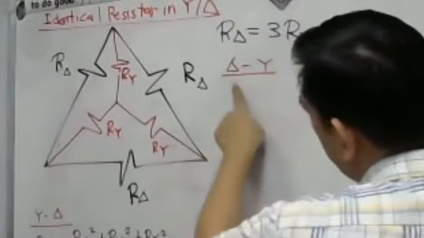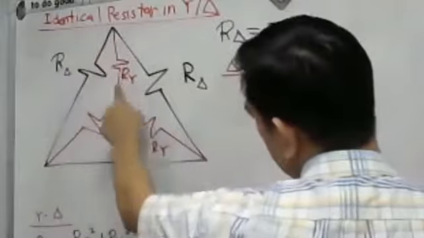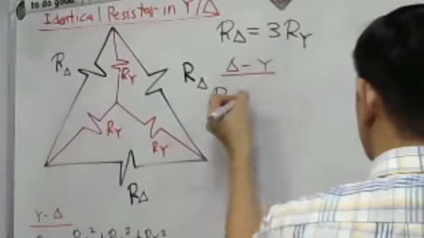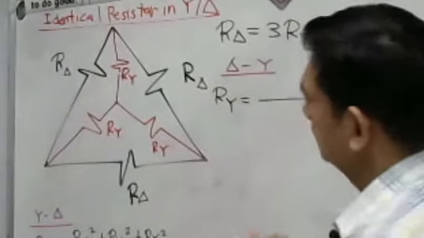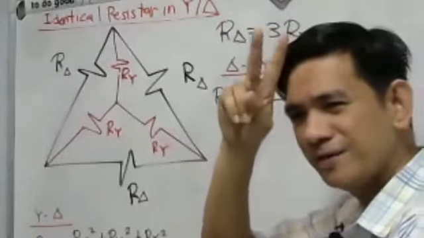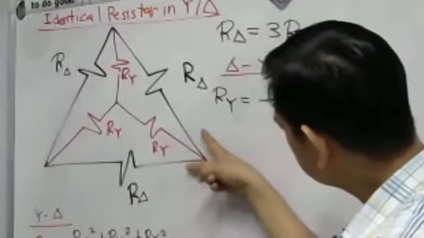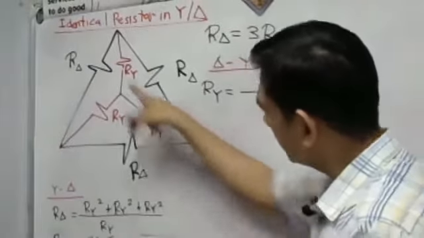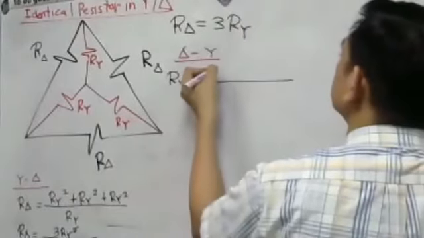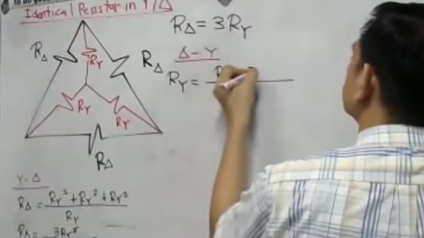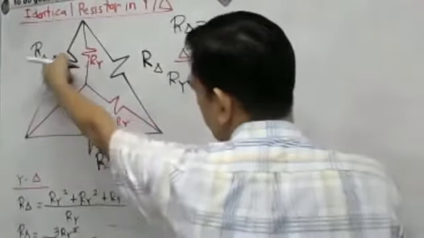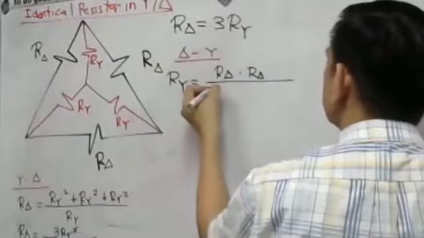Meaning, the given is delta, and we are going to convert this into Y. So, we have Ry that is equal to, using the two-finger method, our Ry, since they are just identical, equal to R delta times R delta, all over the sum of the three.